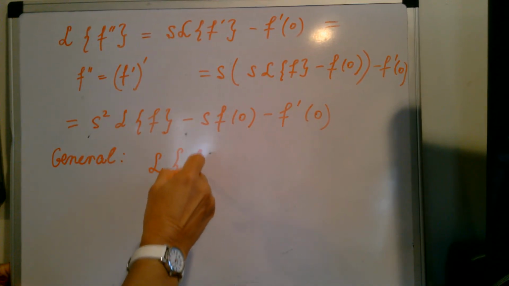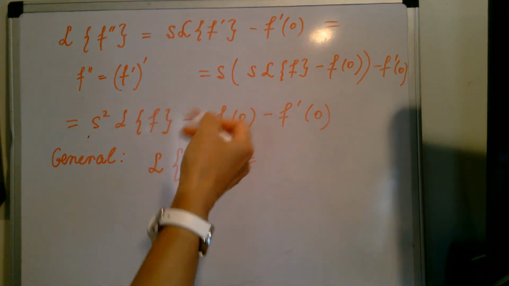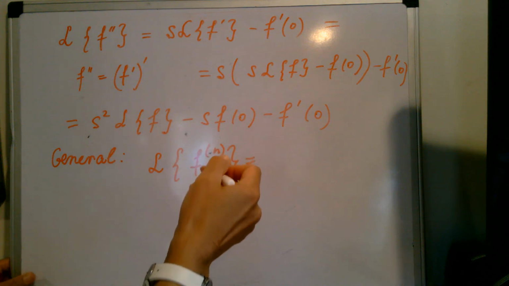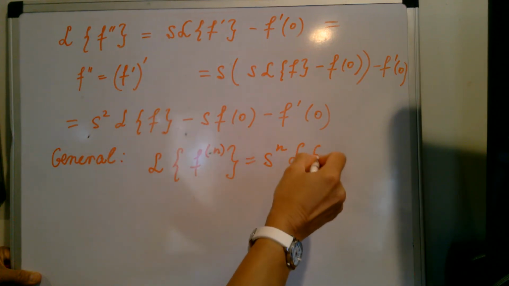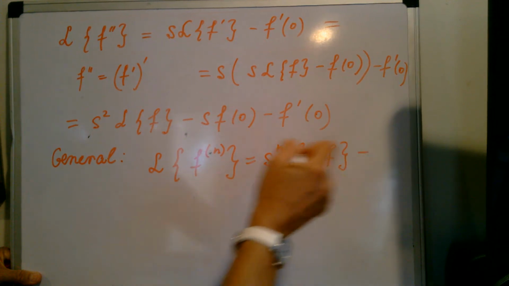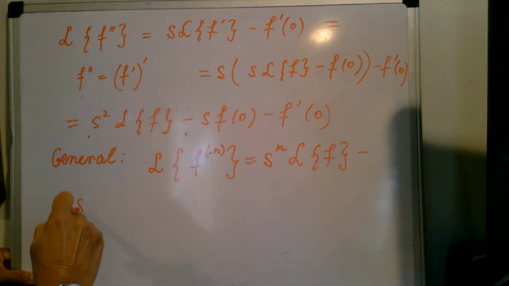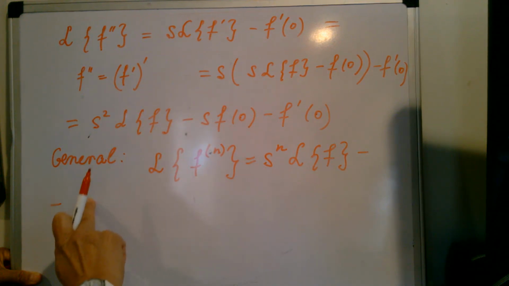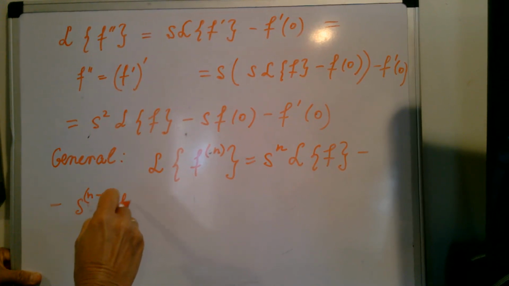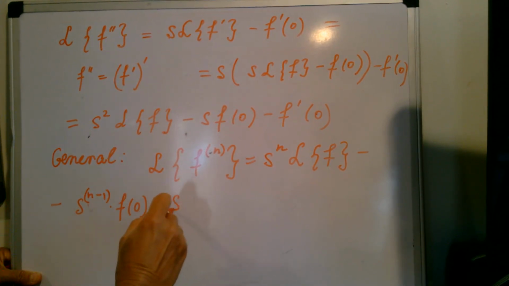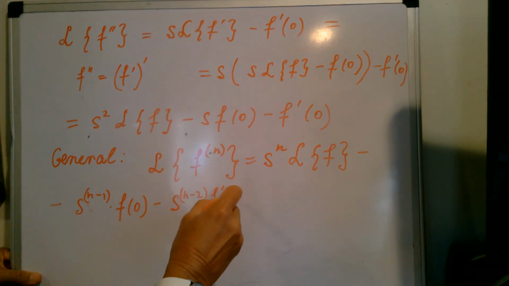Laplace transform of f nth derivative. You don't need to memorize this formula. It's better to remember how the first theorem works, okay? The nth derivative is s to the power of n, right? Laplace transform of f minus, and we are going to start, what is this? That's a function, right? It's going to have s to the n minus 1 multiplied by f of 0 minus s to the n minus 2 multiplied by f prime of 0.